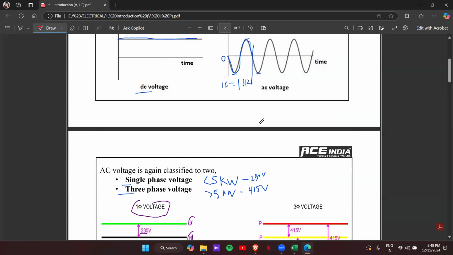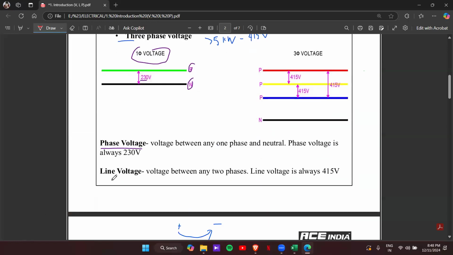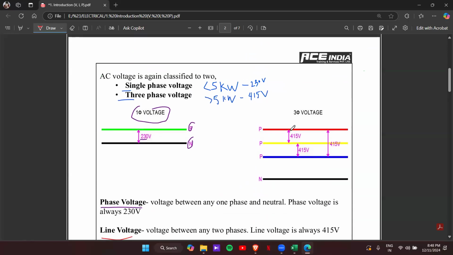And here we call it line voltage. Line voltage means the voltage between any two phases. So it can be R and Y, or Y and B, or B and R, blue and red. Voltage between phases is called line voltage.